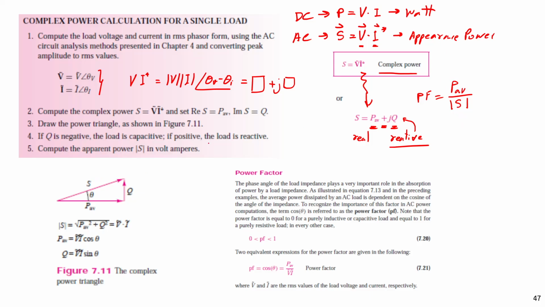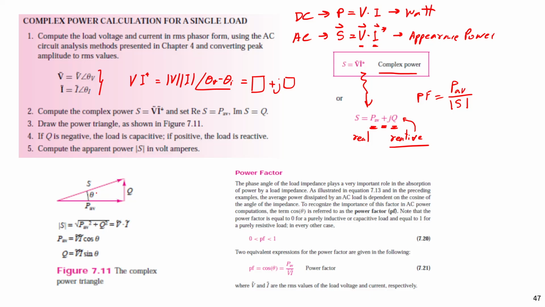Or we can represent this power in triangle form. P will be the real axis and reactive power the imaginary axis. Maybe you can recall your knowledge about complex numbers, right? It's just a complex number. This is the apparent power S with the angle theta.